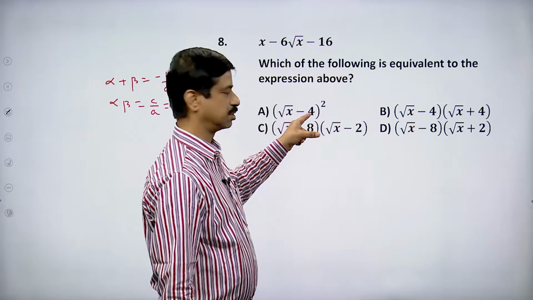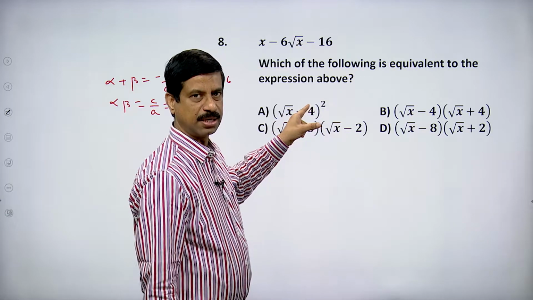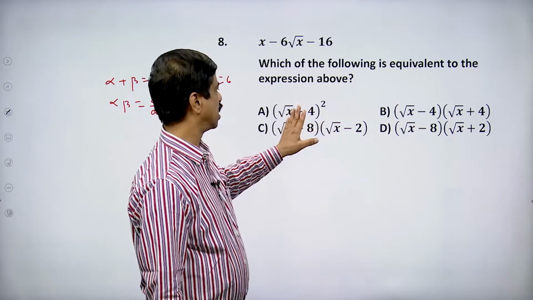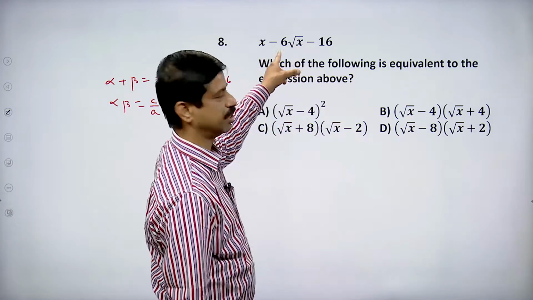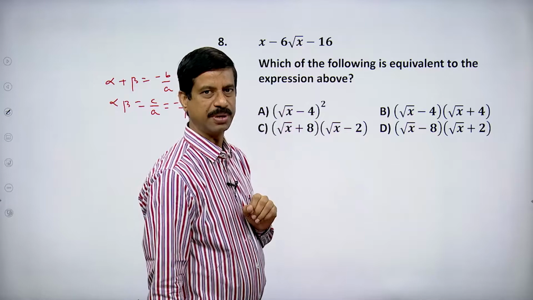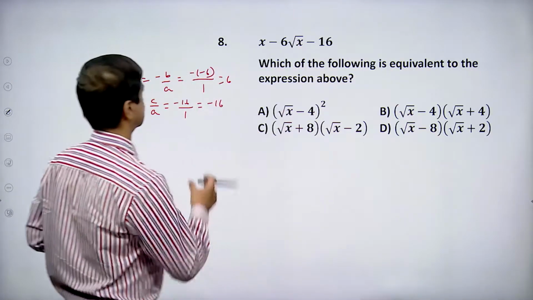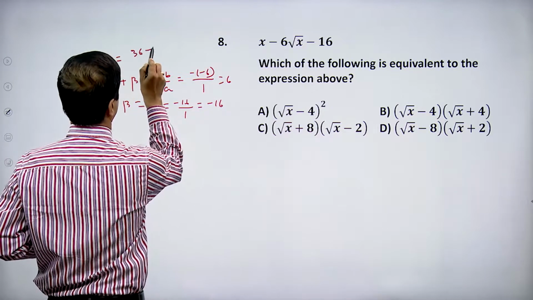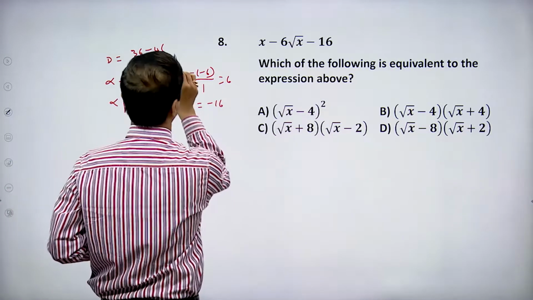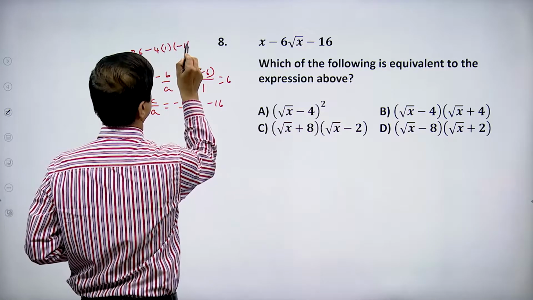See, equal roots, both are equal. So when both are equal, discriminant should be 0. What is the discriminant in that case? B square 36 minus 4 into A is 1 into C is minus 16.